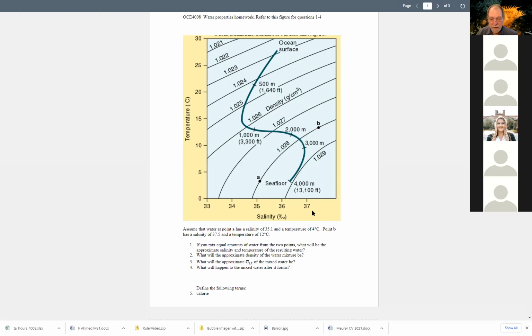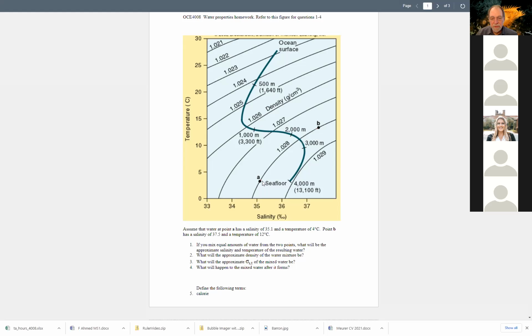And so what I was asking you was to consider the 2 water samples from this 1.028 isopleth of density. The question was, if you mix these 2 points together, what would the approximate salinity and temperature be of the resulting water?